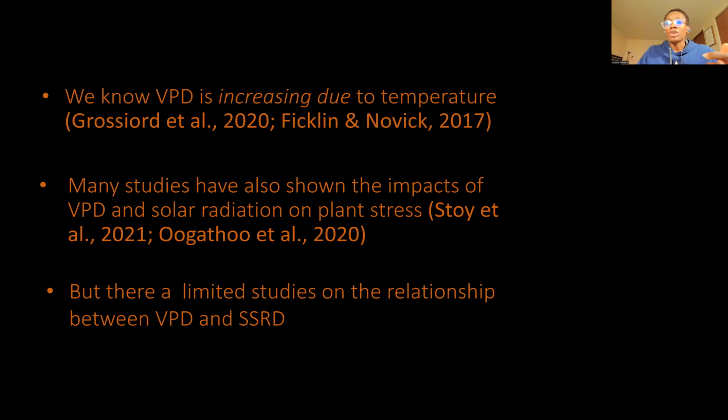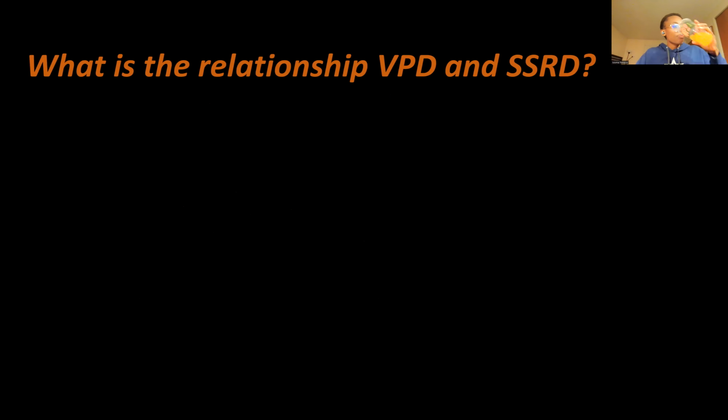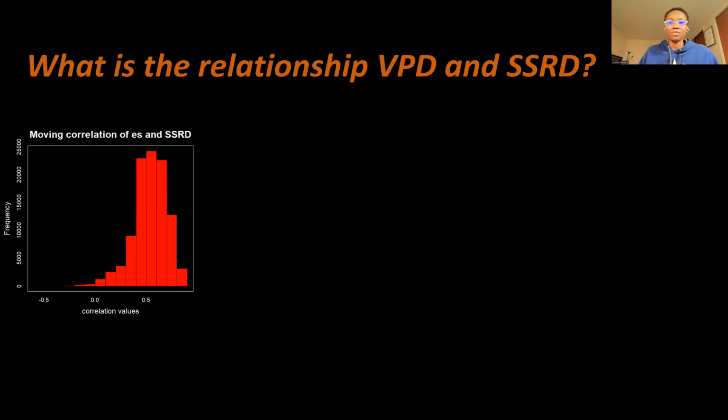But like I said earlier, what we don't know is if there's a relationship between solar radiation and VPD. So what's the relationship? That was my question. Is there a relationship, and what would the relationship look like in the USA from 1981 to 2020?